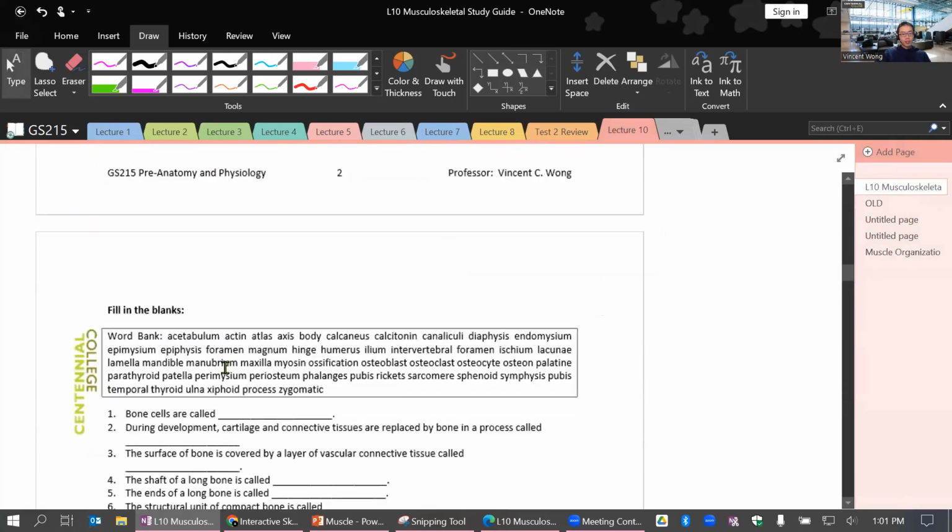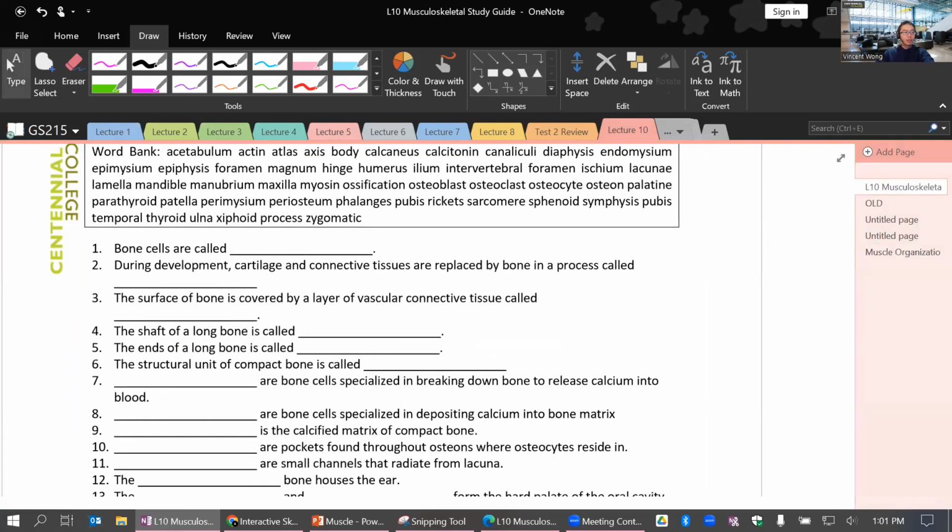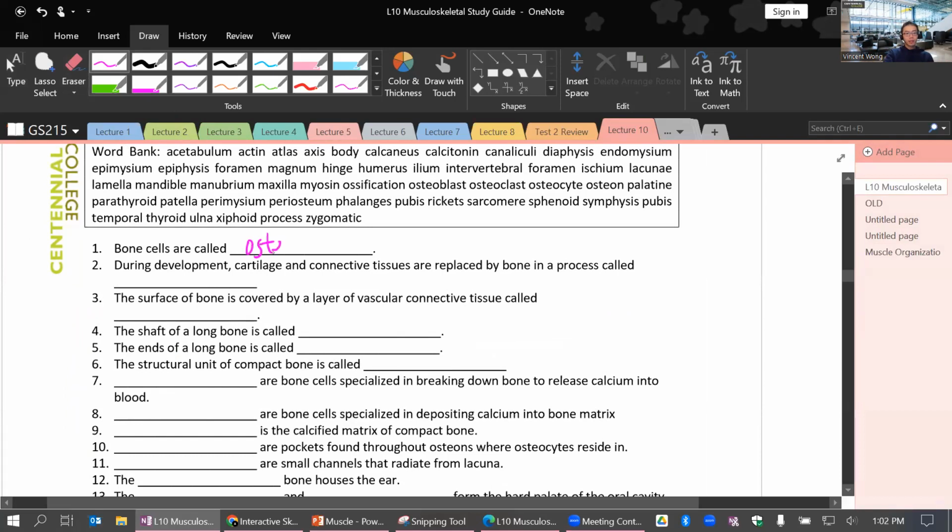All right, fill in the blanks. Let's see what we have here. Bone cells. Okay, what do we call bone cells? Bone cells are called osteocytes. They live inside your bones, and they secrete the bone matrix.